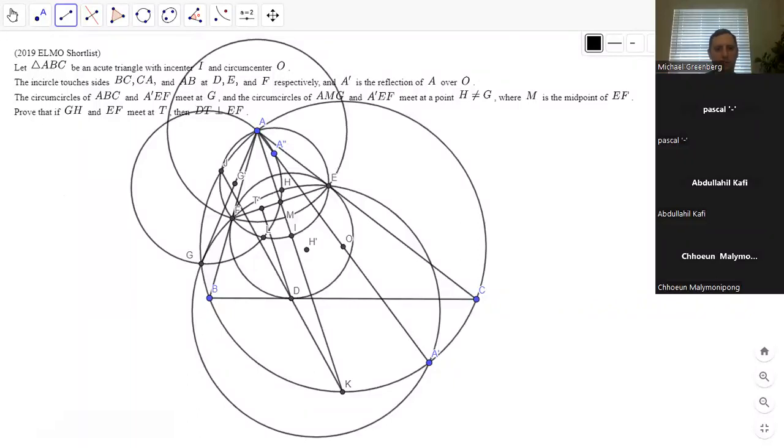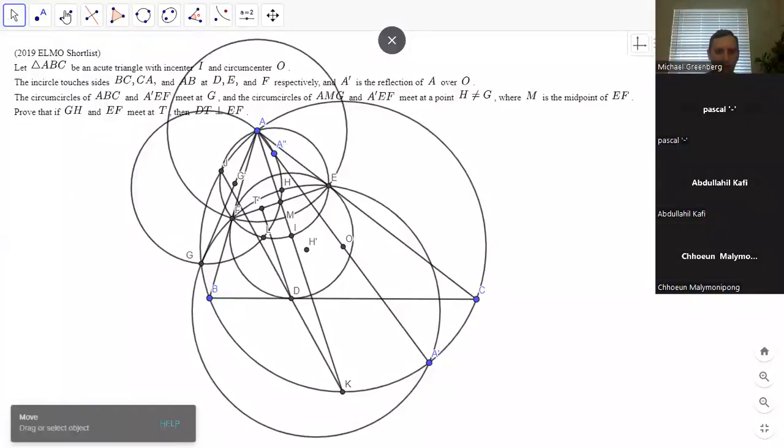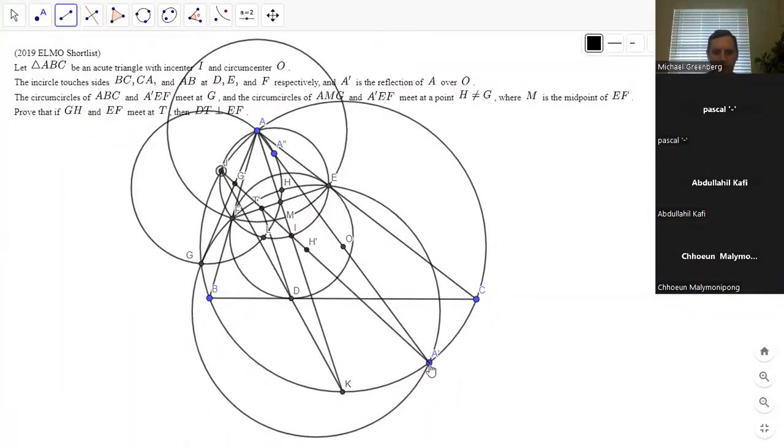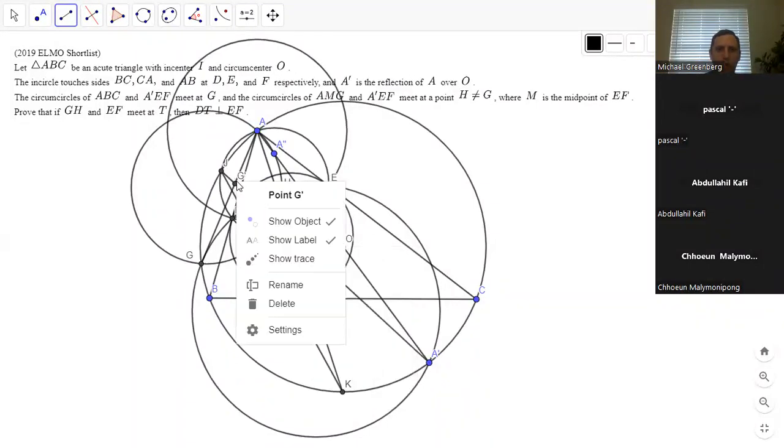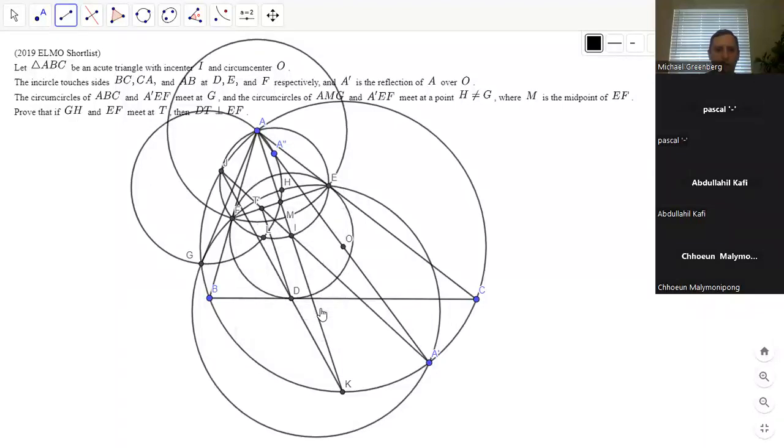Okay, so if that's the case, then by all the Sharkydevil stuff, we know that those are collinear. We want to show that G prime and H prime lie on this line.